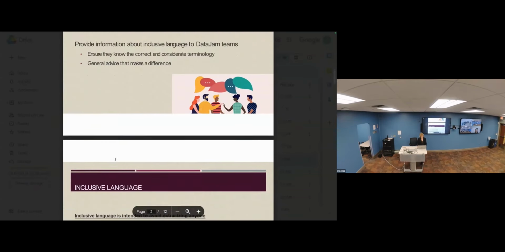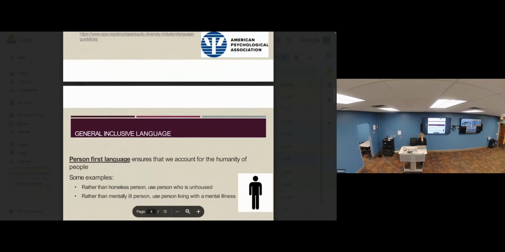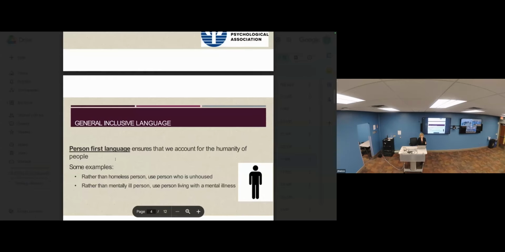And so he gave examples of inclusive language and not inclusive language, and to use first-person language so that everybody feels included. You're writing a poster about a population of people. You don't want to kind of other them.